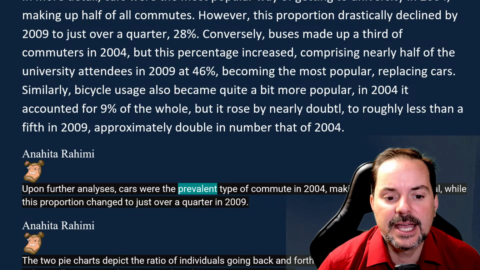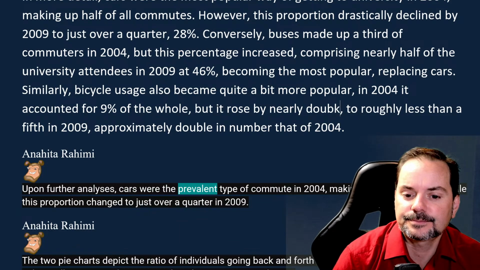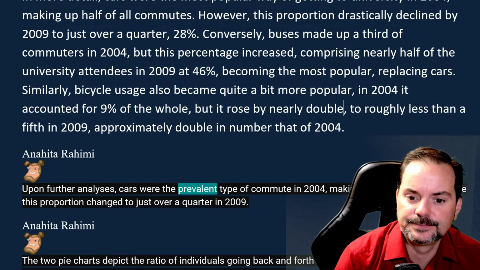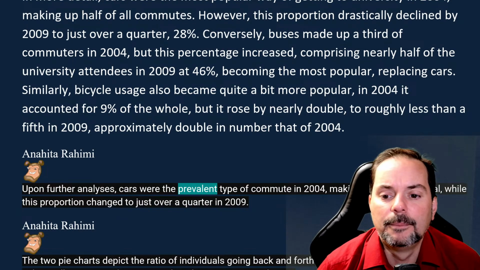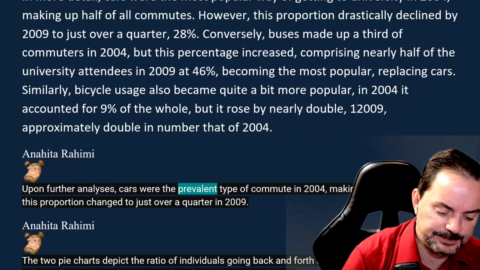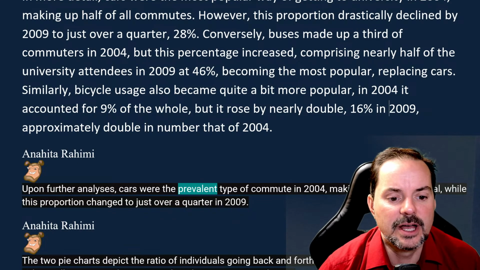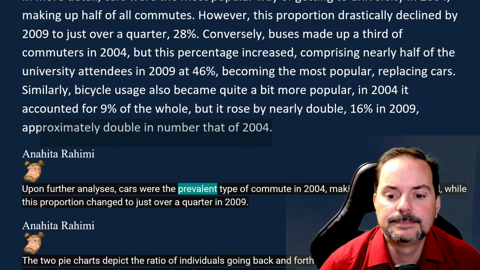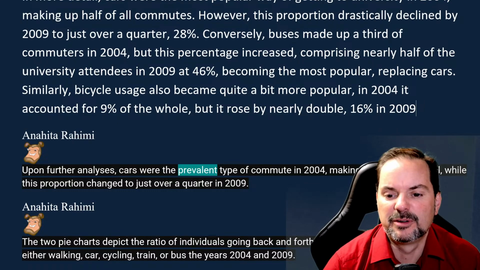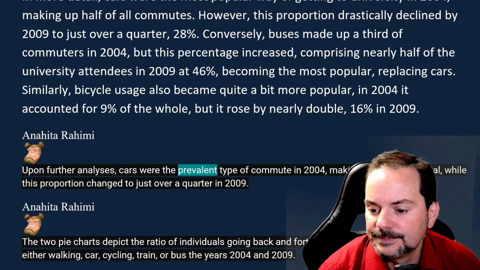So I would say, but it rose to nearly double, 16% in 2009. Okay. A little bit of a rewrite there, but it's okay. You get the idea. Okay.